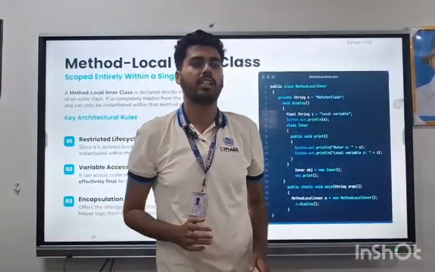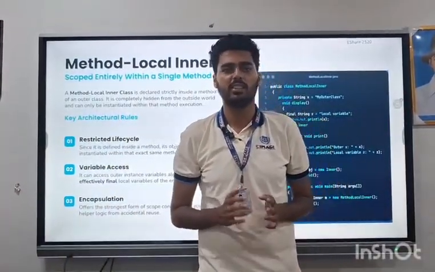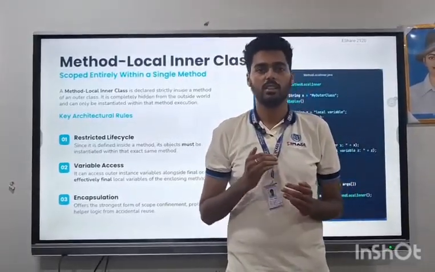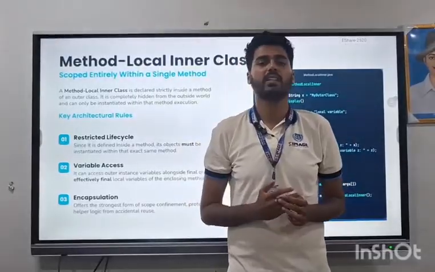Now our third is the method local inner class. In this class, we have to fetch the data inside the method of the outer class. Then we use the method local inner class.